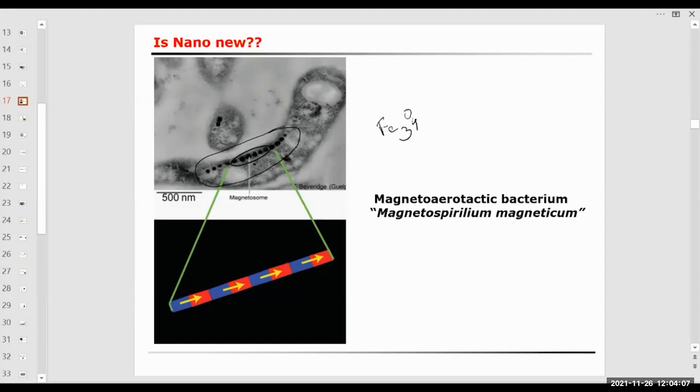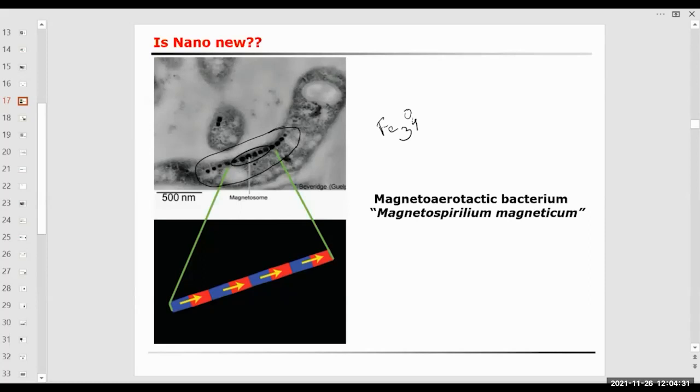So how does this bacteria know that oxygen concentration is more somewhere? It has to align along the Earth's magnetic field. Okay, and these small magnets inside the bacterium have been helping it in finding its food. And not only that, these nanoparticles are classified as magnetosomes.